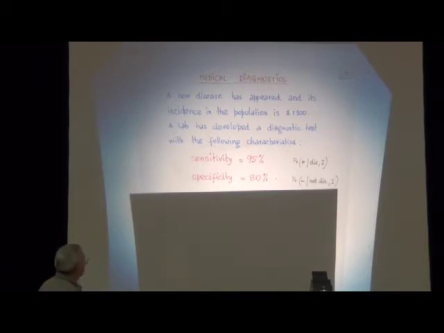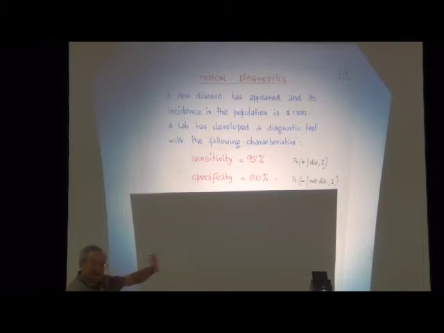Usually the test is defined by giving two numbers. One is called the sensitivity and one the specificity. Medical people like names. What precisely those mean, I don't know how much they understand it, but sensitivity is actually the probability that if you have the disease, the basic information, the background information, is always there.